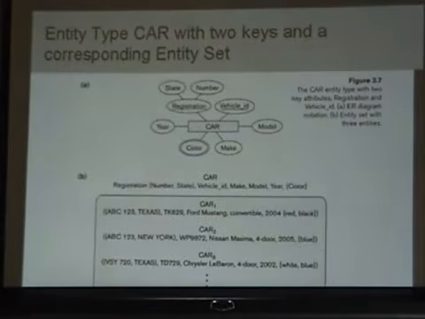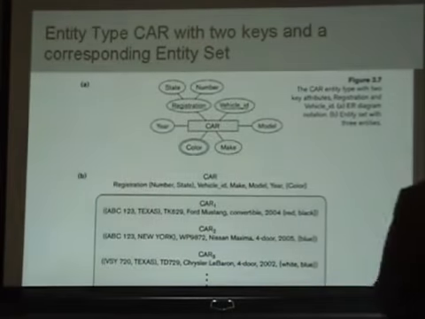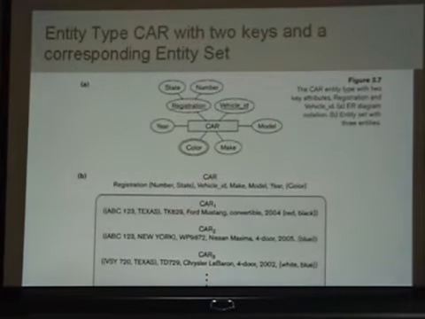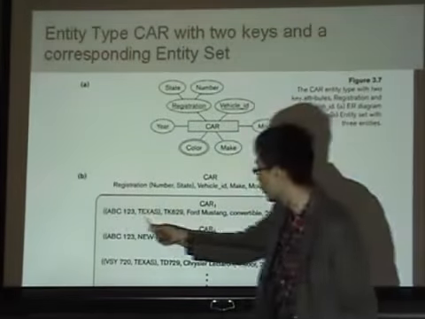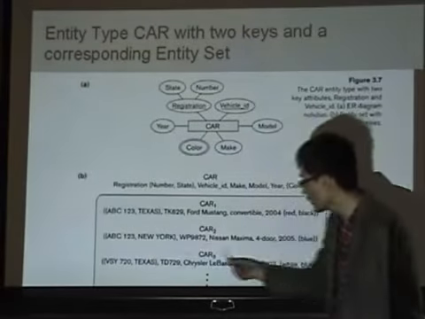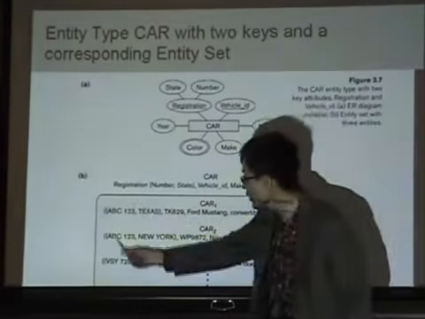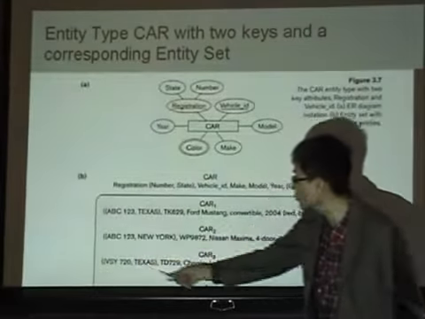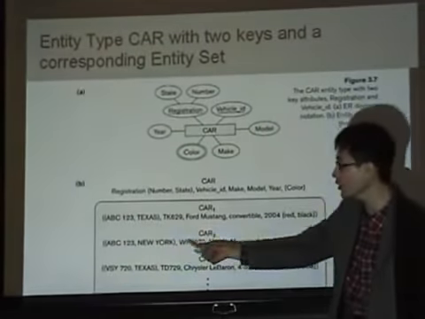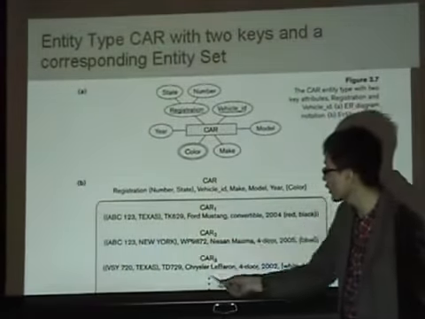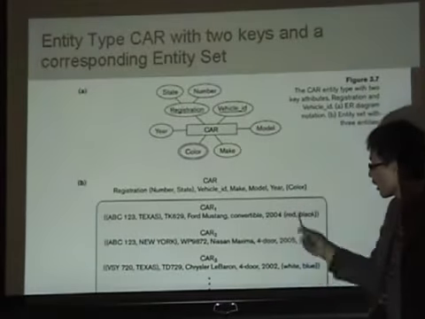So this is an example of the car entity. To describe this is entity, one entity, second entity, third entity. All of these entities have the same format. First, the registration. Registration is a composite attribute, vehicle ID, and make, model, year, and color.